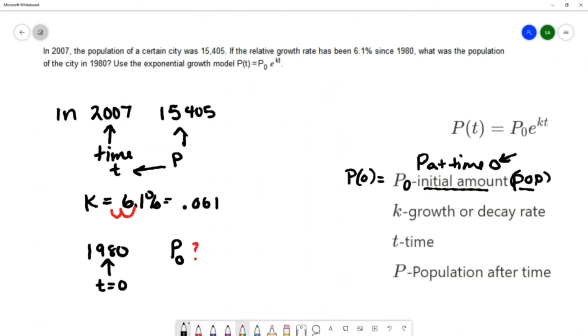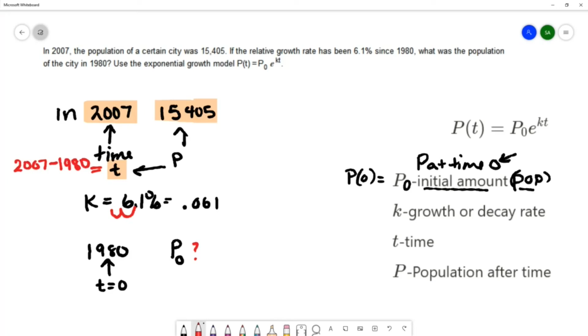So going back to the information we had at the beginning, in 2007, we have a population of 15,405. What I need to know is what value we're going to use for t. That t is going to be 2007 minus 1980, the number of years since 1980.